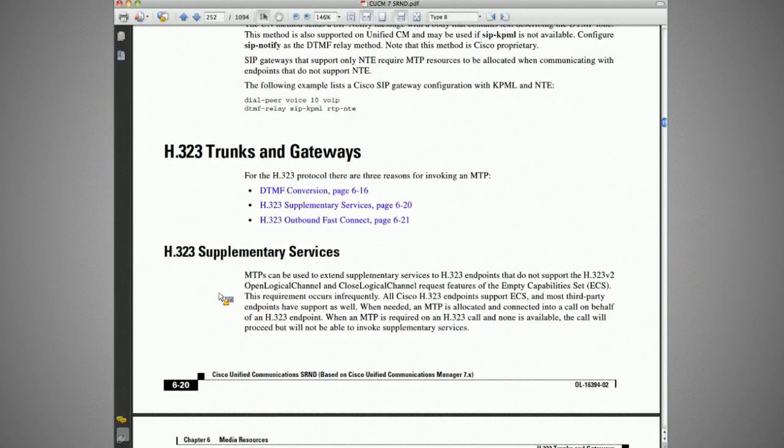Okay? However, there are many endpoints, such as CME, or gateways, you could look at it as, that use by default H450.2 and H450.3 for supplementary services being call hold and call transfer. And don't hold me to whether 450.2 is hold and 450.3 is transfer. I believe that's the way it is, but it could be the opposite way around.